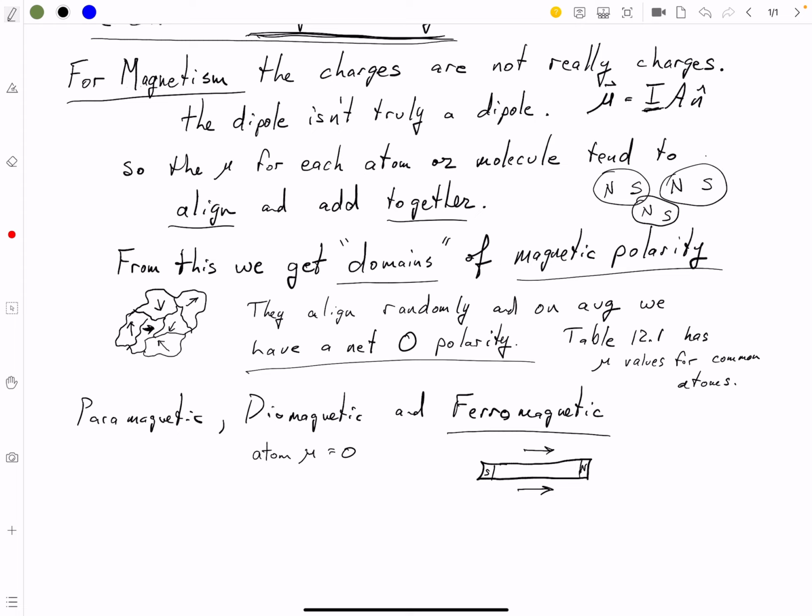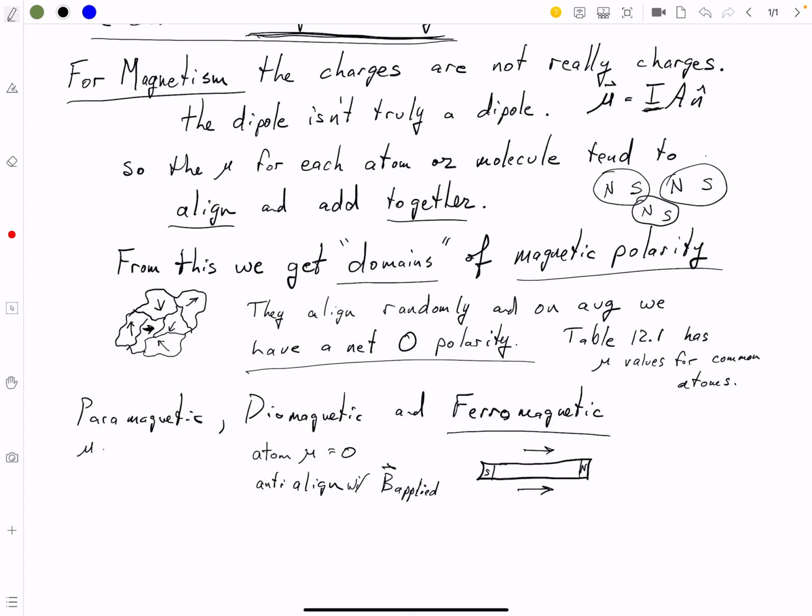Paramagnetic substances will have a net magnetic dipole moment that will align. So diamagnetics anti-align with an applied B field. But paramagnetics, they will align. And they do actually have a magnetic moment.